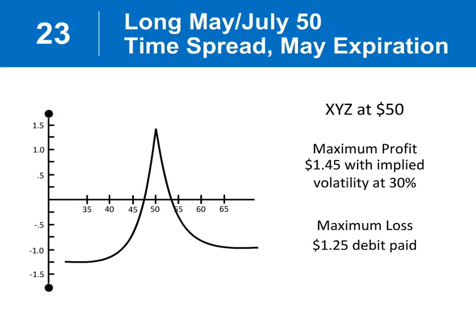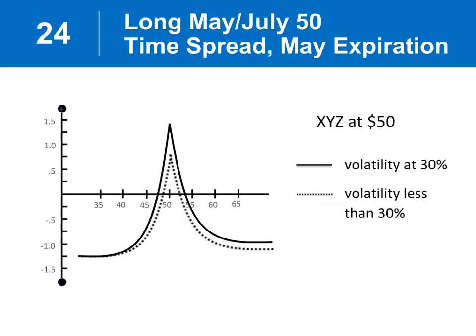Slide 24 shows a little different scenario. It shows our solid dark line, representing what we saw on the previous slide, volatility at 30%. Now the dotted line shows a profit still with the underlying at 50 at expiration, but not as much of a profit. And why is that?